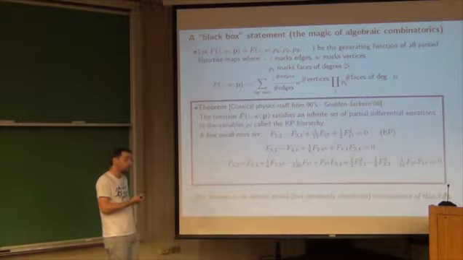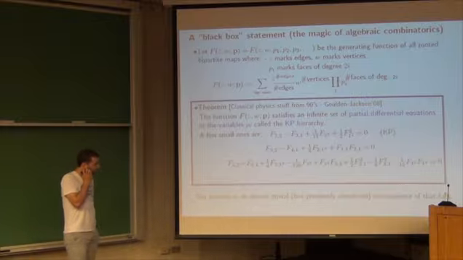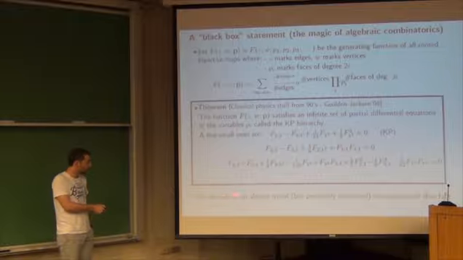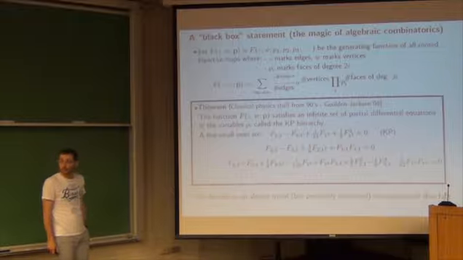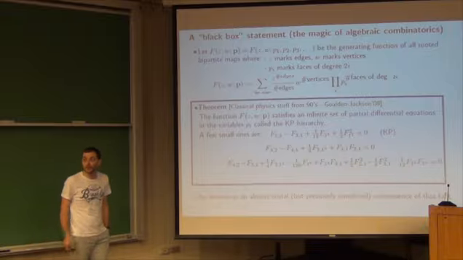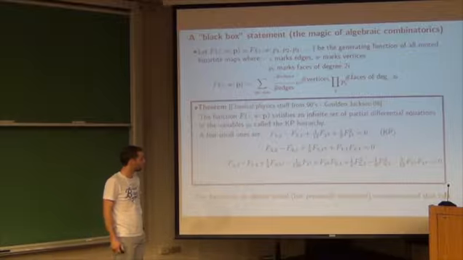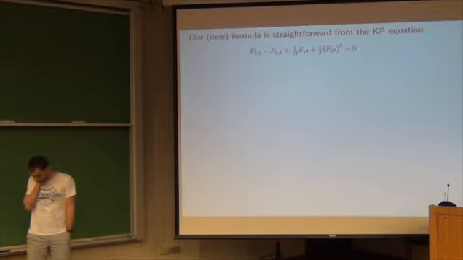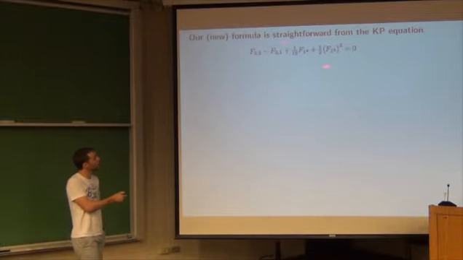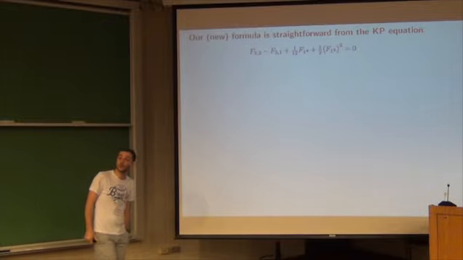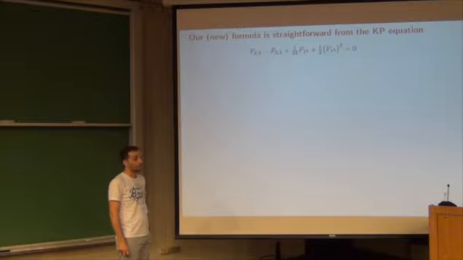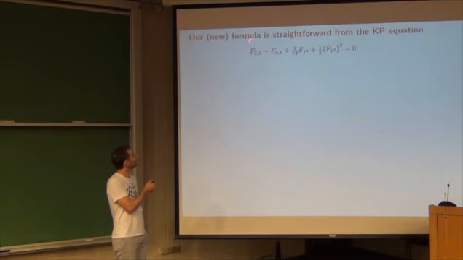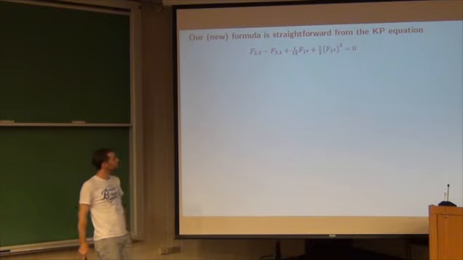So this is well known, and nobody had observed that this could be used to compute the number of quadrangulations that I showed you before. Let me show you. Actually, I only need the first of these equations. This one is called the KP equation.